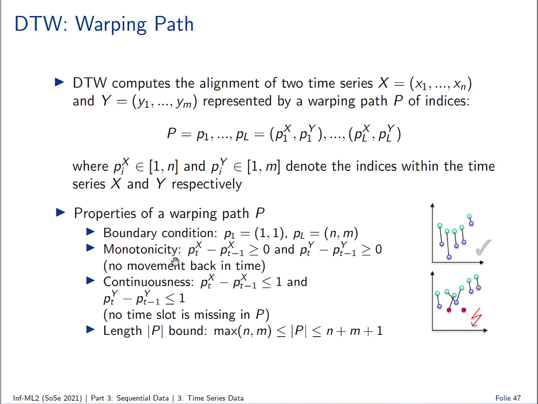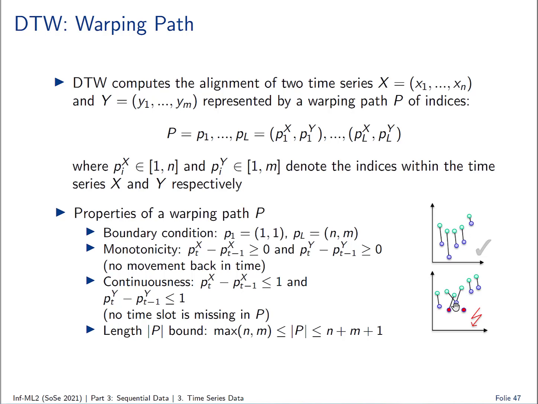The first one is monotonicity, meaning that if we go further from left to right, there's no movement back in time. So for example, here we have the blue thing and the green thing here, and maybe those red ones here belong to the blue time series. So since this one here is compared with this one here, the next one from green can only be compared with this one here or with the next one in the blue, but not with the previous one in the blue.